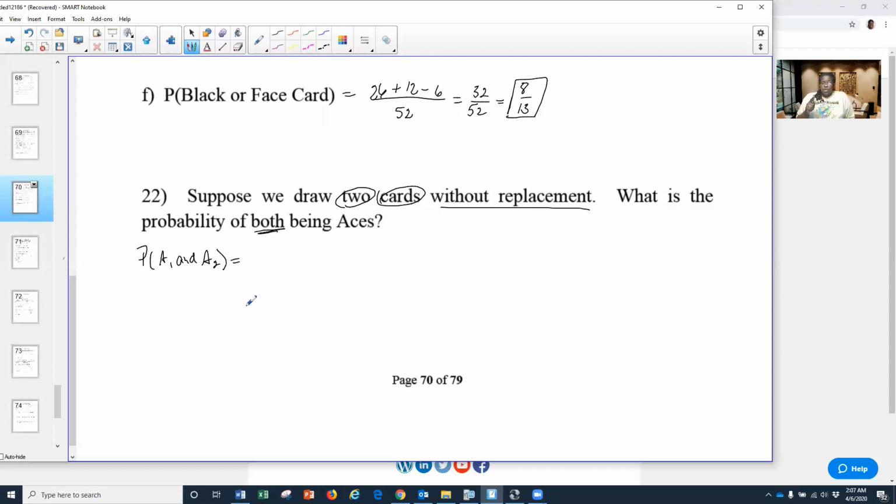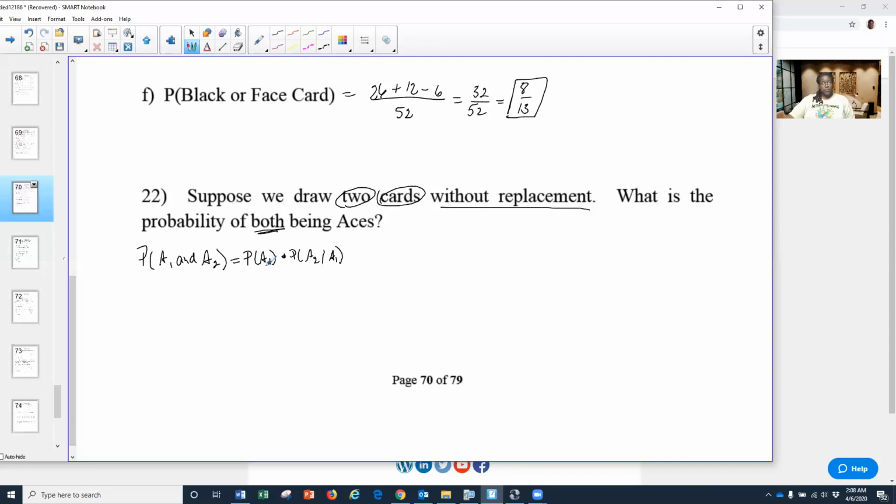But now because we're not replacing, without replacement means that our second pull is going to be affected by our first pull. So we're talking about the probability of ace of 1 times the probability of ace of 2, given that ace of 1 really happened.